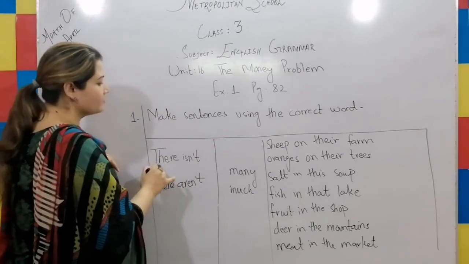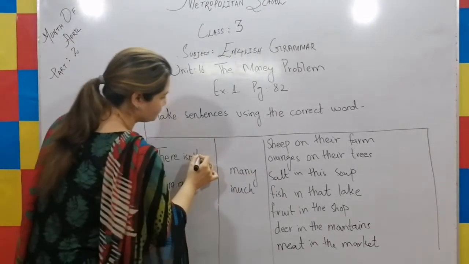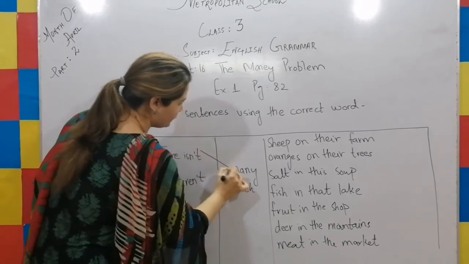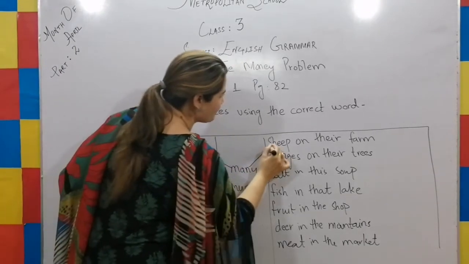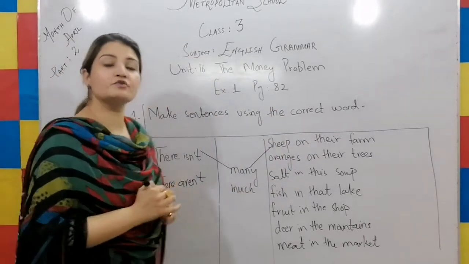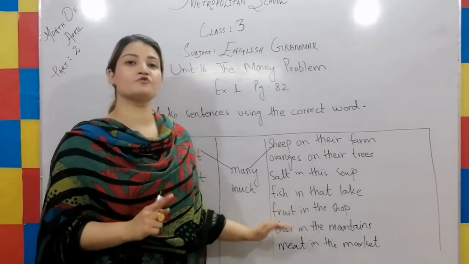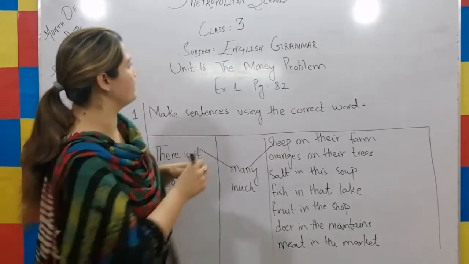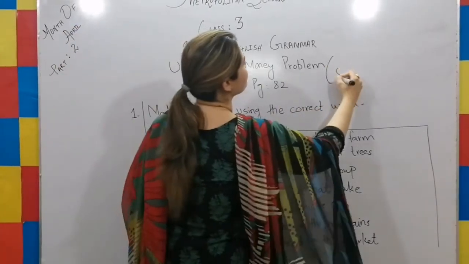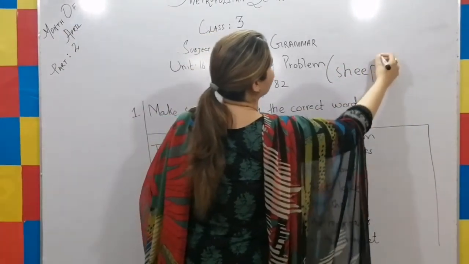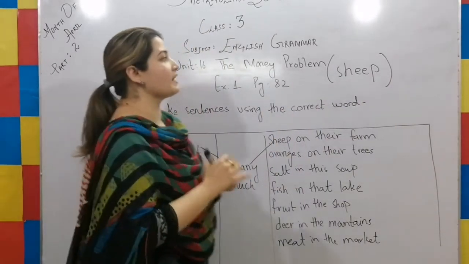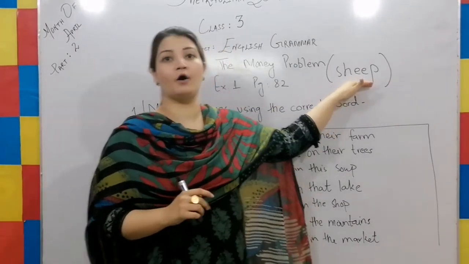For example, the first one is there is not many sheep on their farm. Dear students, in these phrases there are some exceptional cases. For example, let's suppose I have written here sheep. You will consider it as a singular noun.